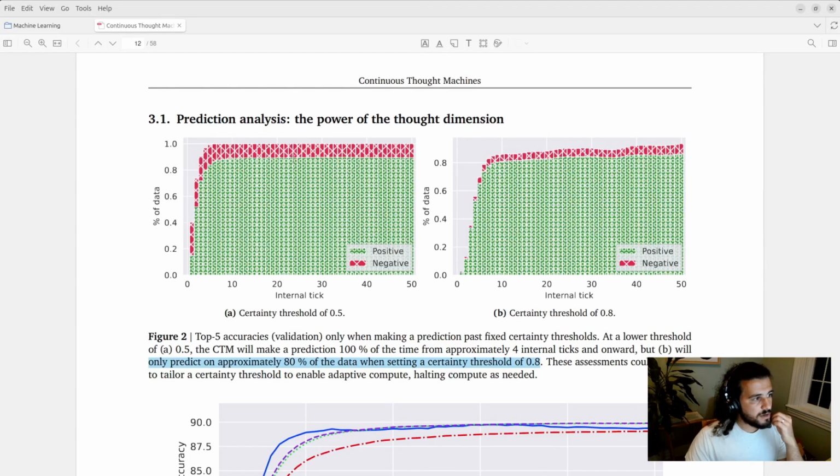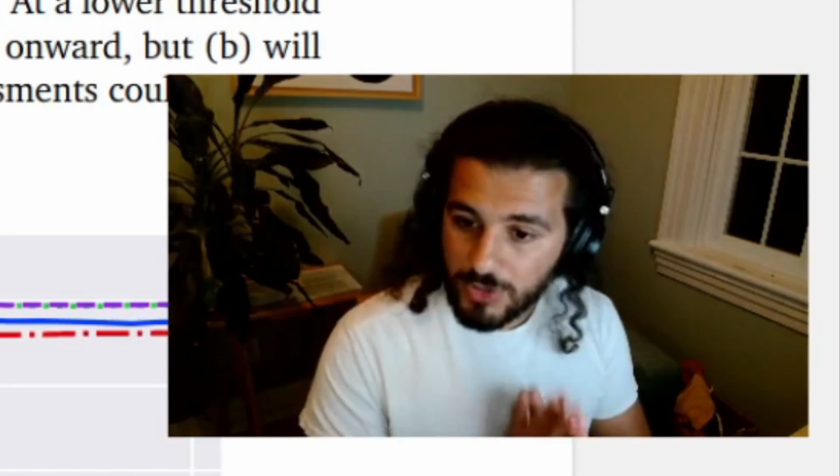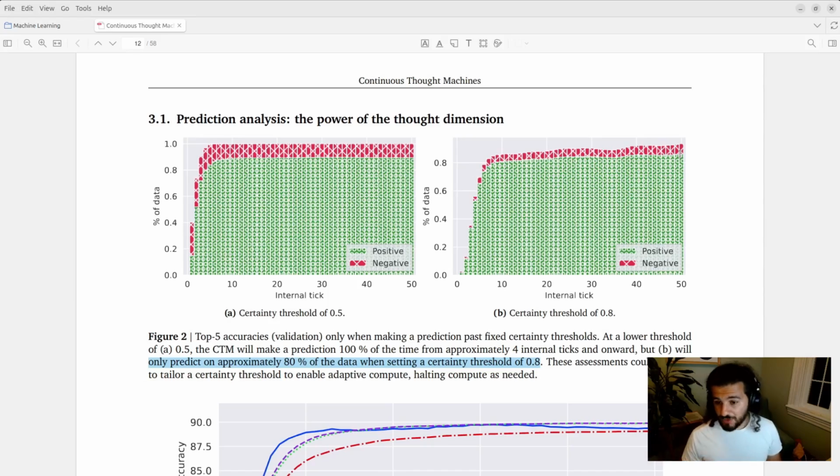And you see here, there's a bigger amount of negative, but as we go through here and the threshold is higher, there are even fewer elements where we're actually making a decision, but the red stuff is lower. So what it means here is that sometimes the model didn't have enough time to output something, right? To think through. So the certainty threshold is very low. So in this specific case, the model just shut up and didn't do anything, which is very interesting, right?